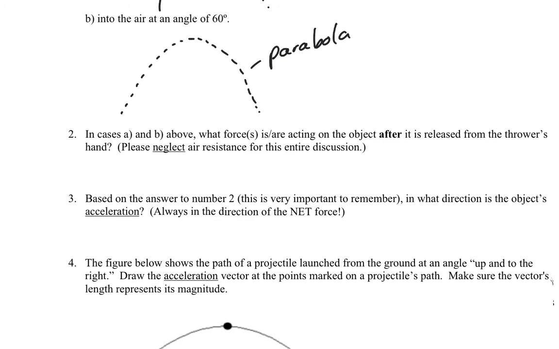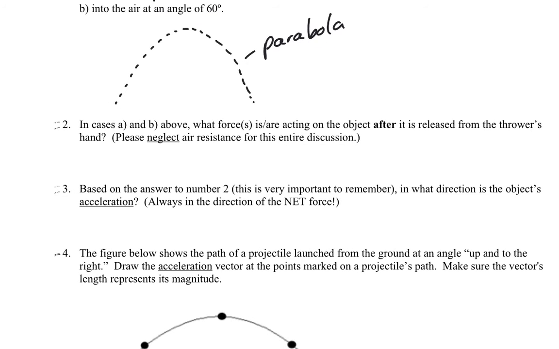For number 2, hopefully you remember from our study last year in dynamics that there's only one force acting on the object once we throw it in the air. Only one, because we're neglecting air resistance. And that force is the force due to gravity. And we know that the force due to gravity always points directly down.